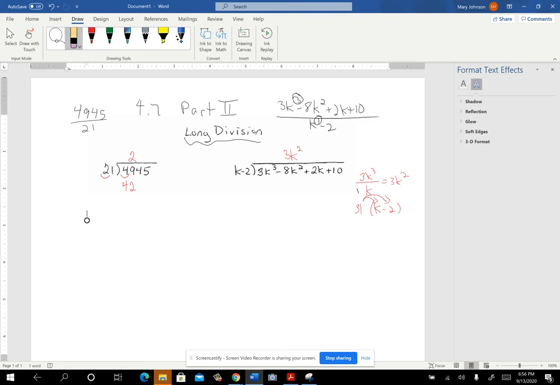So let me fix that. 3k to the second has to get multiplied by k minus 2. That has to get distributed to both of those. So that'll be 3k to the third minus 6k squared. Okay. So that gets written right here: 3k to the third minus 6k squared. See how the like terms are all lined up?